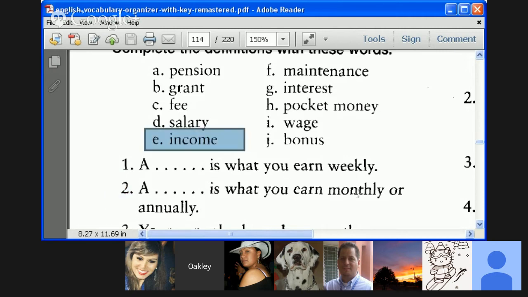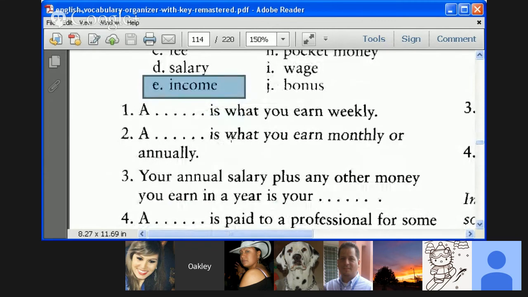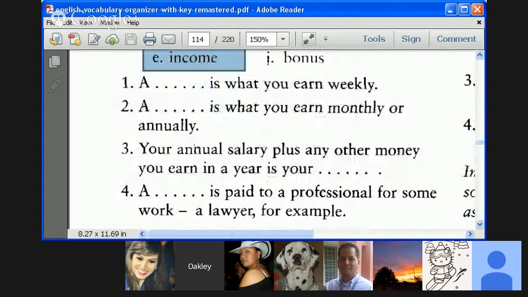We usually talk about monthly income or annual income. Exactly. So those are co-located together. My monthly income is, my annual income is. If you're ever trying to get a bank loan or anything like that, you're basically going to have to divulge or tell your monthly or your annual income.